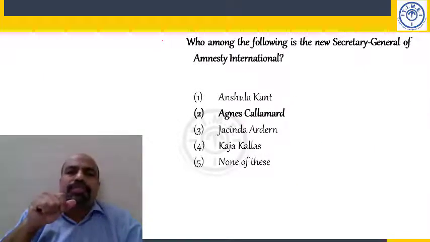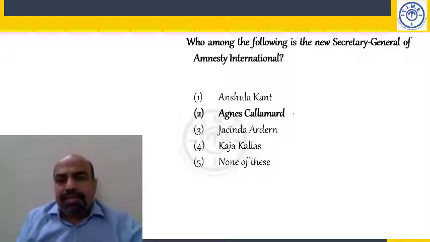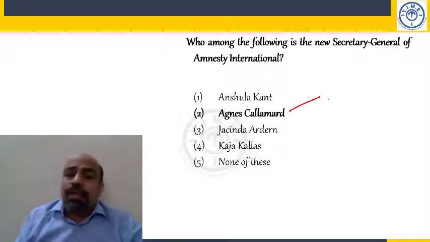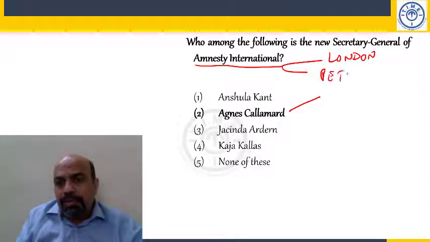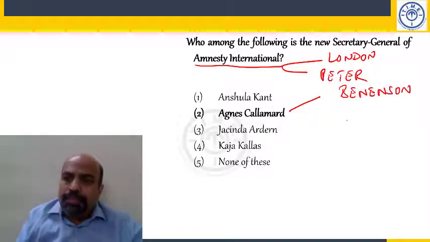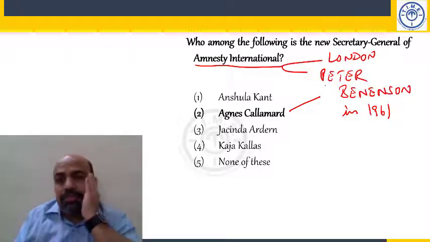Who of the following is the new Secretary General of Amnesty International? Amnesty International is run by Agnes Callamard. Just write, Amnesty International, head office London, founded by Peter Benenson in 1961.